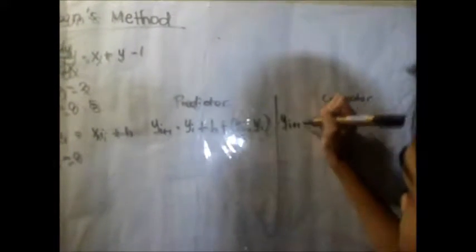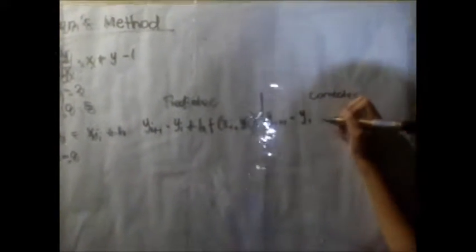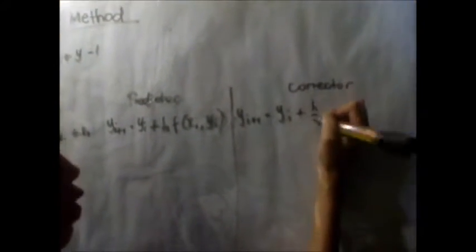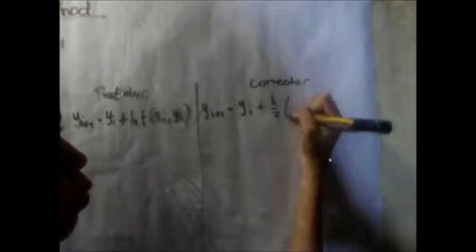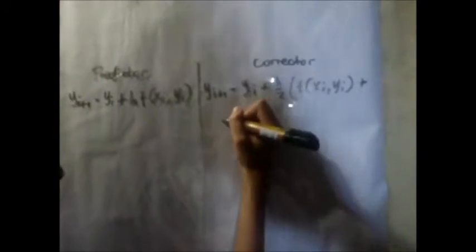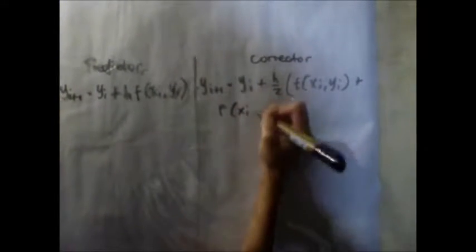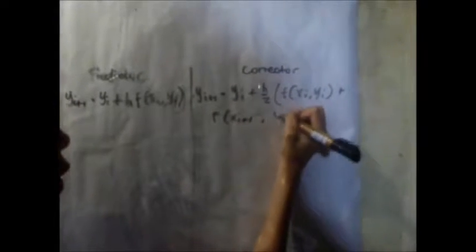So for the corrector side, we have y sub i plus 1 equals y sub i plus h over 2, then quantity f of x sub i, comma, y sub i, plus f of x sub i plus 1, comma, y sub i plus 1, quantity.